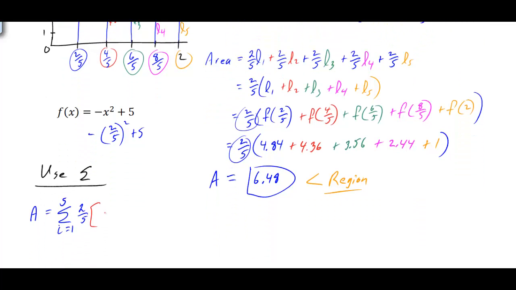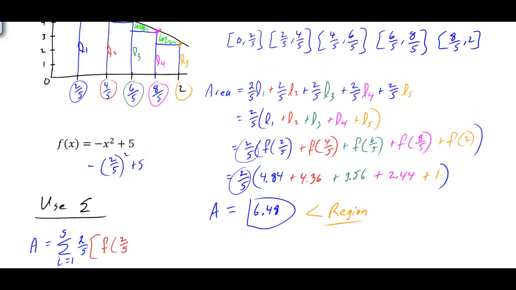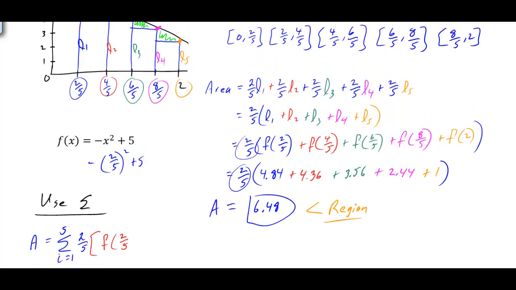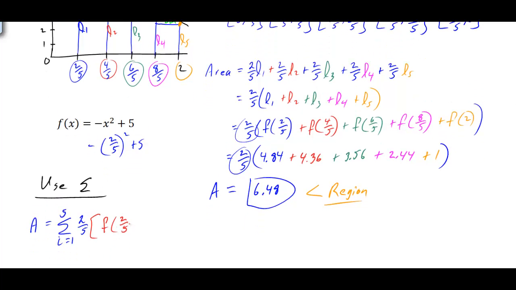So we could think of f of 2/5. If we plug in f of 2/5 i, and plug 1 in for i, we get f of 2/5. And notice over here, that's what we want.